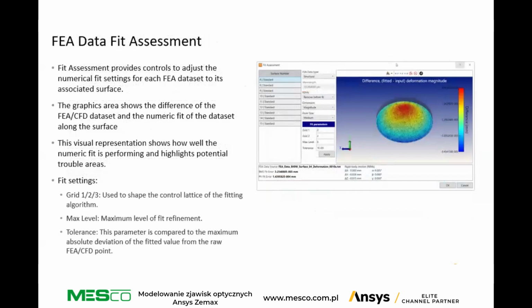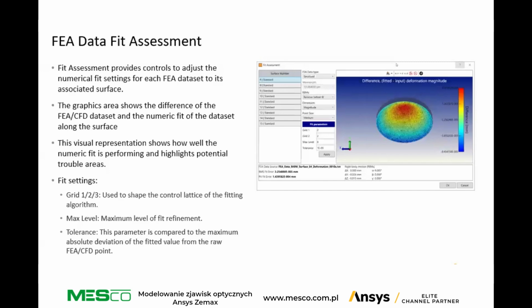Then we have a tool that is the data fit assessment, and this is to control and adjust the numerical fit settings for each data set. In the graphic, you can see the difference between the data set and the numeric fit.